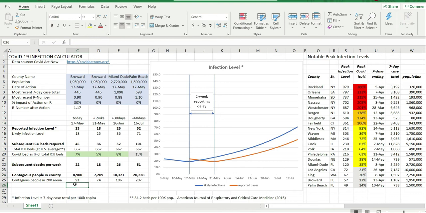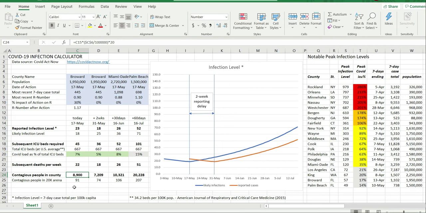It does assume a 20 times multiplier, meaning that the cases being reported, the 445, in reality, it's probably 20 times that. Now, it might be less, it could be more, but that's the assumption here anyway. If that's true, 8,900 people are currently contagious in Broward County.